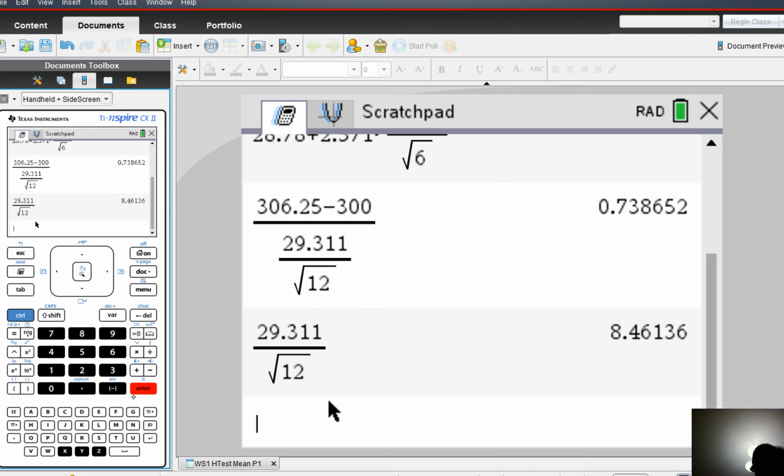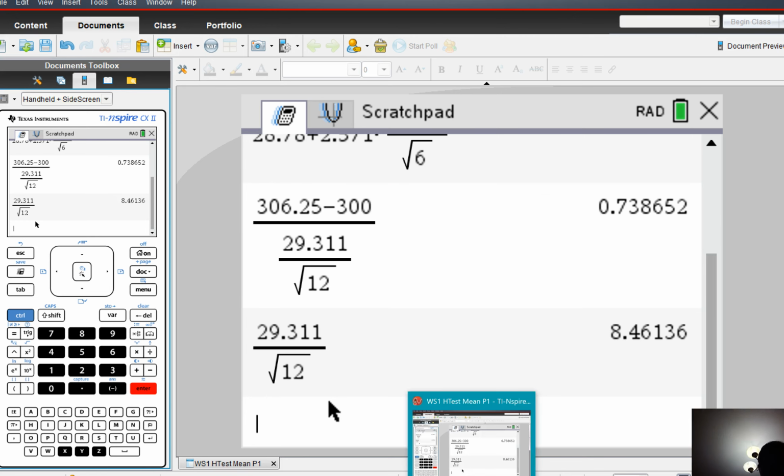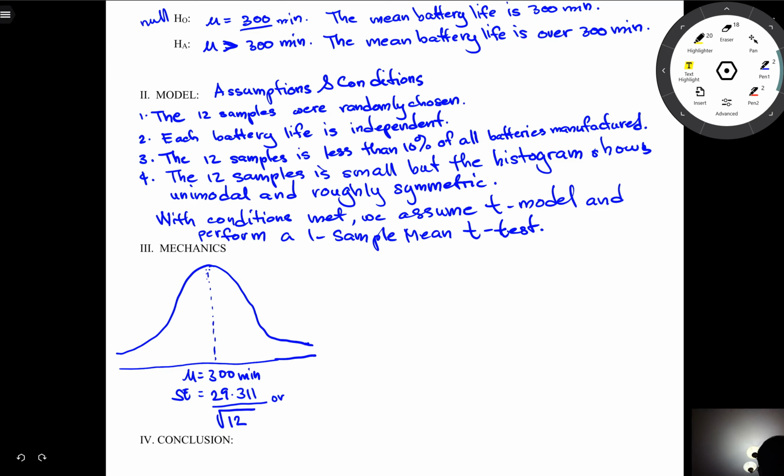So it's 8.46136. It's right here. Okay, so we have shape, and then we got our center, and then our spread.